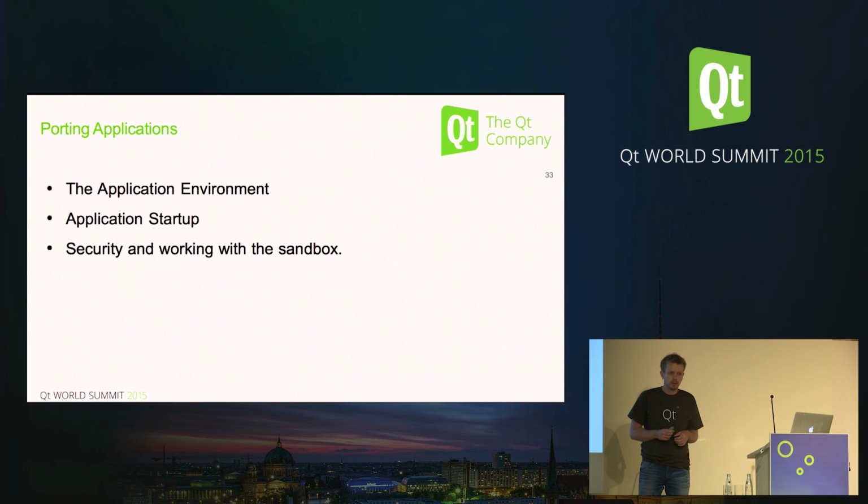I'll talk a little bit about what's available, what's not, from Qt and from the system. Application startup is a topic where there's some porting required. And then we'll take a look at security, and actually look at security failure, what that looks like if you create a binary that the browser will reject.